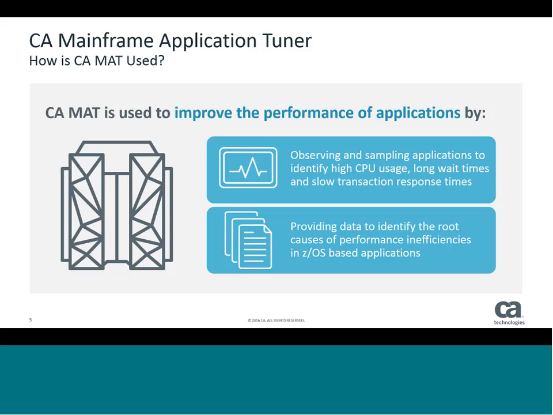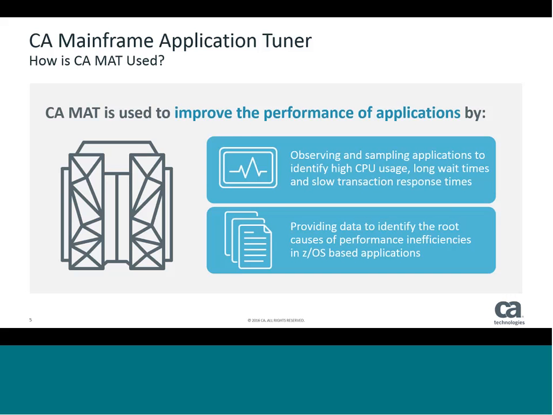So when you have a toolkit such as SYSVIEW, we're going to partner with MAT, and MAT's going to come in and tell you specifically within your application where that performance degradation is occurring. So MAT is going to give you the application perspective, and it's going to be able to identify it right down to the line of code, so you can have a root cause analysis of where your performance opportunities are. So at the core, MAT is a sampler as opposed to a monitor.